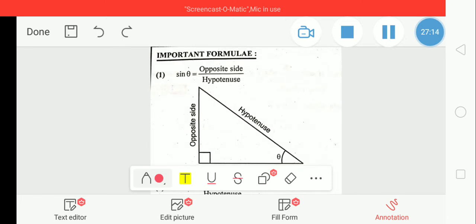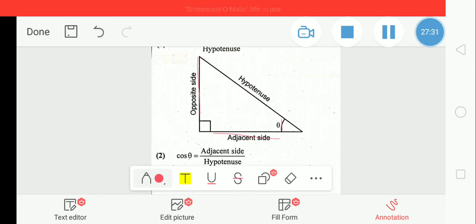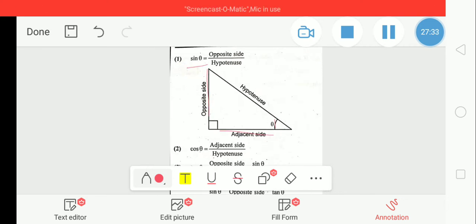Now these are also very important. So this is the perpendicular, meaning 90 degree, and the side opposite the 90 degree is the hypotenuse. This is the angle, this is the opposite side and this is the adjacent side. So sin theta is opposite side divided by hypotenuse, and cos theta is adjacent divided by hypotenuse.